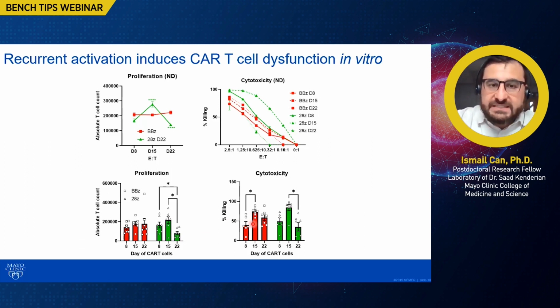And for cytotoxicity, it seems like both of them are affected. There's an initial increase for the BBZ, but then at day 22 there is no increase anymore. And there's an obvious decrease in the 28Z.